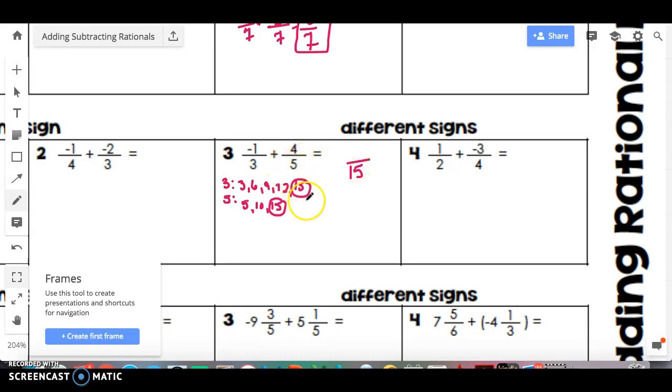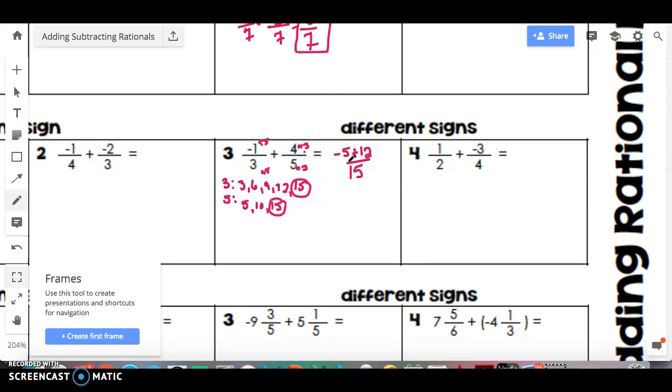Now remember, I have to write an equivalent fraction to 1/3 with 15 as the denominator. And because I multiplied the 3 times 5 to get 15, I'm going to multiply the 1 times 5, or the opposite of 1 times 5, and that's going to give me the opposite of 5. And then I'm going to add, I did 5 times 3 to get 15, so I do 4 times 3, that gives me 12.